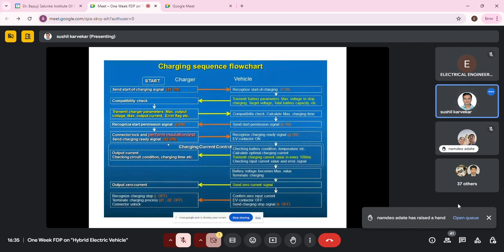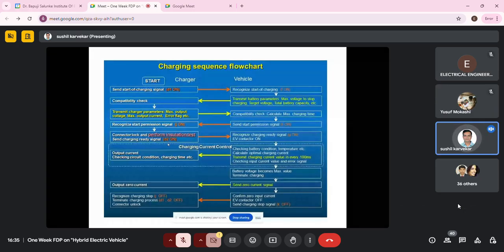Now the charging sequence flowchart is typically important and needs to be understood by all of us. At some point you might have gone through charging of a two-wheeler EV or a four-wheeler EV. During all the charging operation, these are the operations that are happening. If you see, there are two main segments: one is the charger side and the other one is the vehicle side.